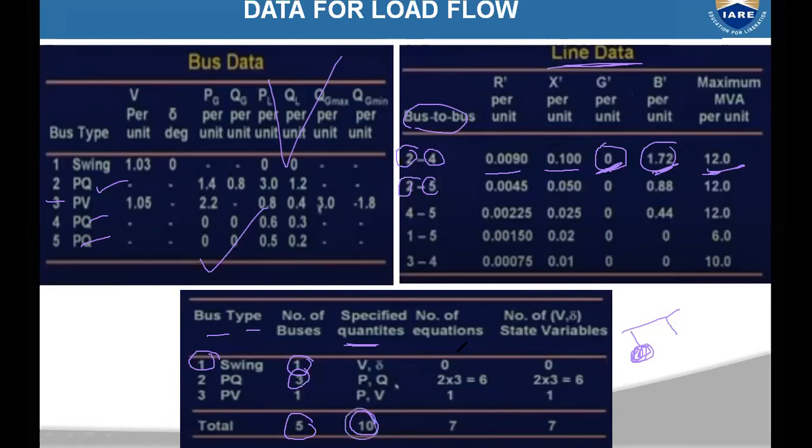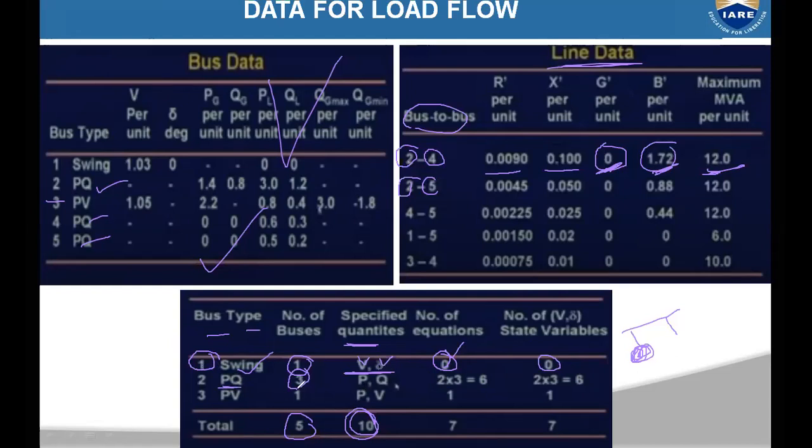Now how many equations should you form for the load flow solution? At the swing bus, V and delta are given. Generally the power flow problem is to determine V and delta. If you know V and delta, you don't require any equation. So for the slack bus the equation is not required, and the state variables are also 0. Now at a PQ bus you will have 2 equations.